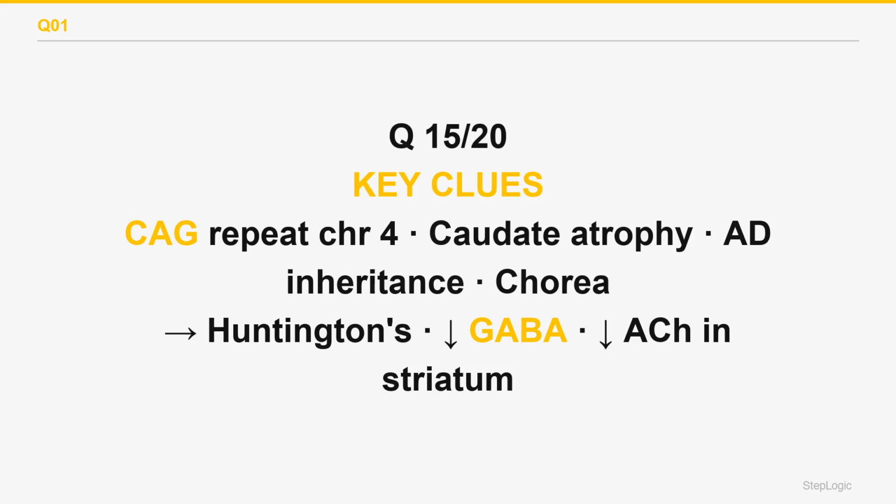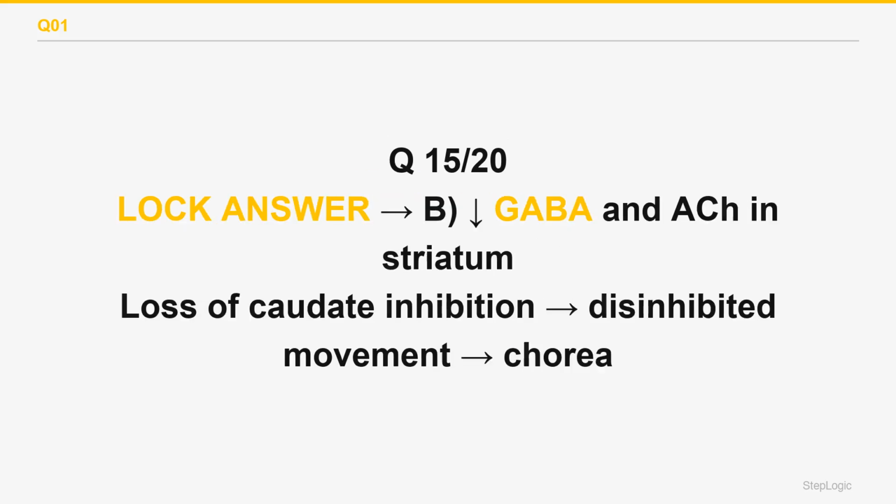GABA normally inhibits the indirect pathway of the basal ganglia, which suppresses unwanted movement. When striatal GABA is lost, that inhibition is released. The motor system becomes disinhibited, producing chorea, involuntary, flowing, dance-like movements. Acetylcholine is co-depleted, worsening the imbalance.